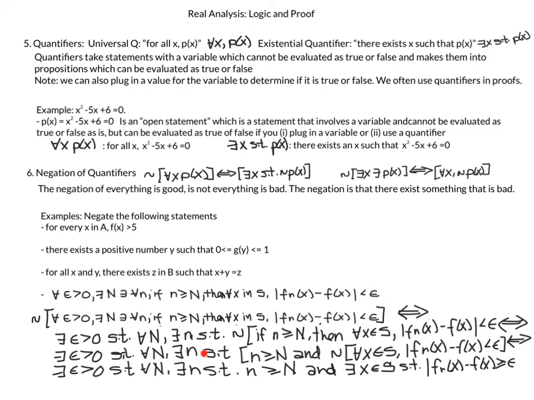I have my quantifiers, my antecedent, and ANDed, and then to negate the consequent, I take my for alls, change it to there exists x in S such that, and then I negate this portion here: the absolute value of fn of x minus f of x is greater than or equal to epsilon. And now I am finished.